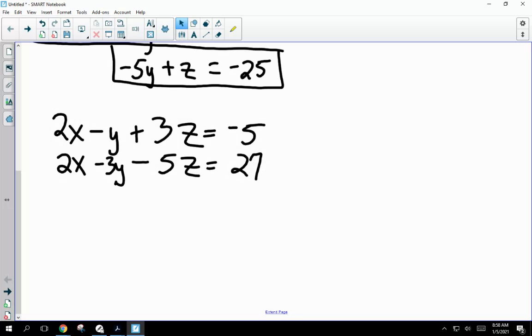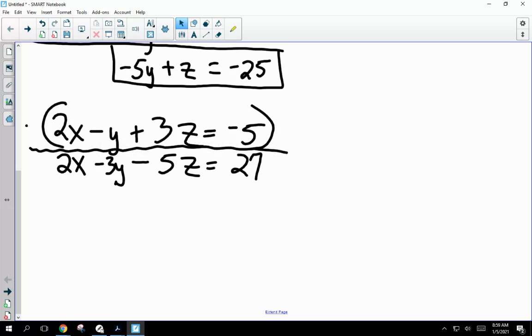Okay? In order to add these, I'm going to have to multiply one of these by a -1. Because if I subtract them, I can eliminate the x, but I hate subtracting. So I'm going to multiply the top one or the bottom one by a negative in order to add them. Let's choose the top one so I can put it right below it and just save some work and not rewrite it.